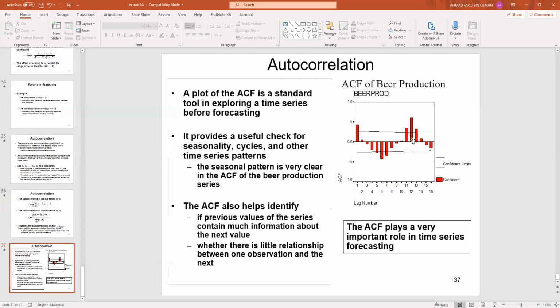So you can see there is a strong correlation between the two values of the same month, this year and last year.